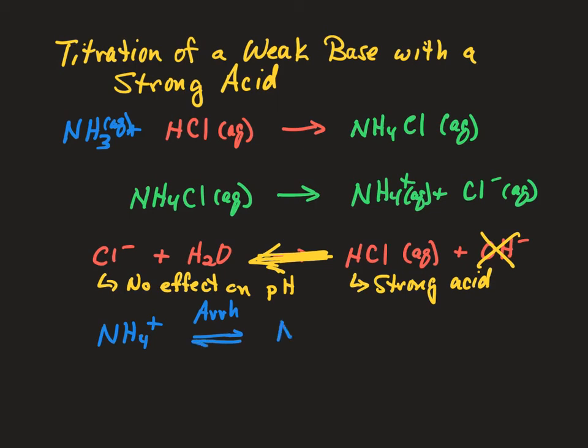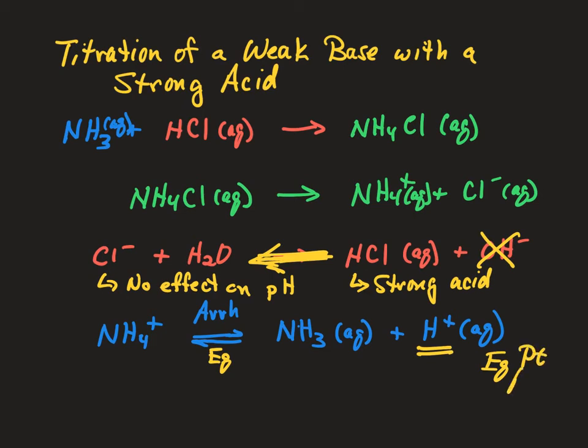It will set up an equilibrium with ammonia plus hydrogen ions. Since there is an equilibrium here, we have to have hydrogen ions to maintain that equilibrium, and so producing those hydrogen ions will affect the pH. That is, our equivalence point will be at an acidic pH.